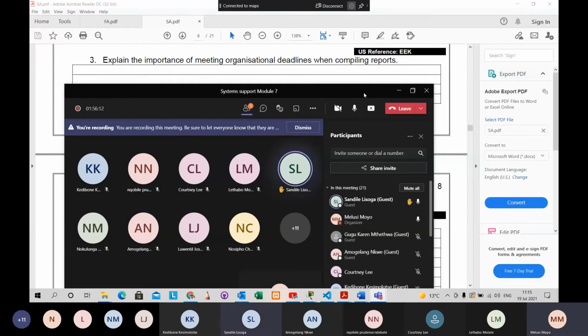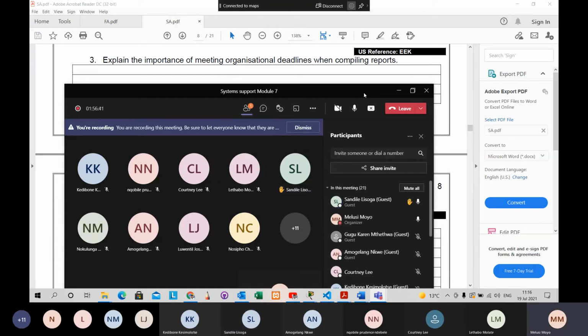Mr. Moyo, I wanted to add on that from the formative day, on the deadline part. If you send your reports or any work before the deadline, you can easily gain the client's trust and loyalty. Exactly.